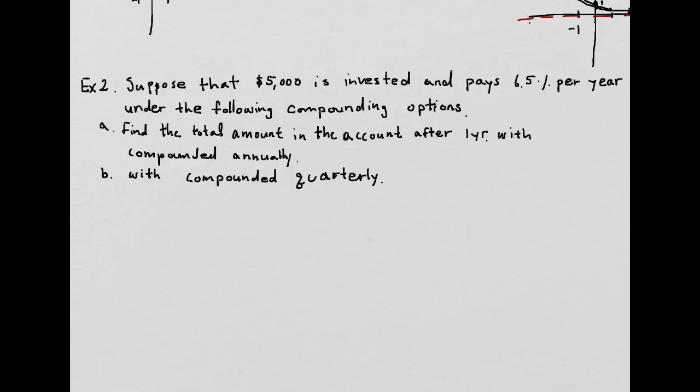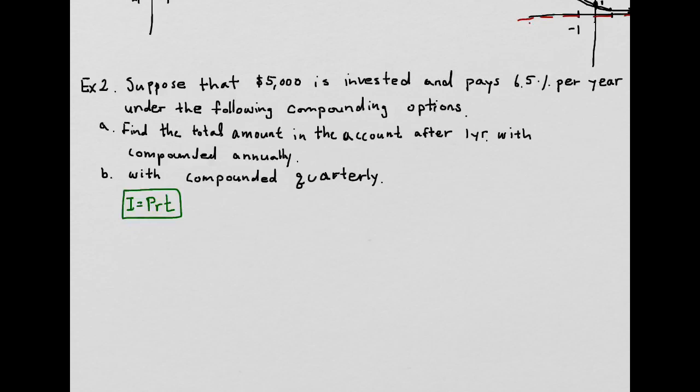In a previous math class, you probably looked at the interest formulas before, and one of them was the simple interest formula. The formula for simple interest is interest equals P R T: principal times rate times time. This is one of the formulas we use when it comes to interest problems, right?